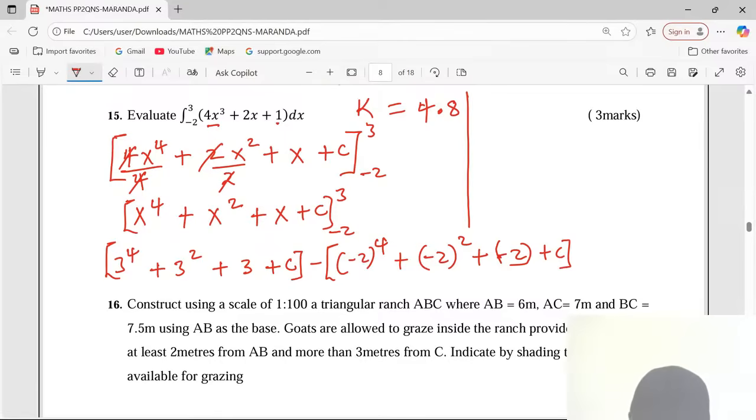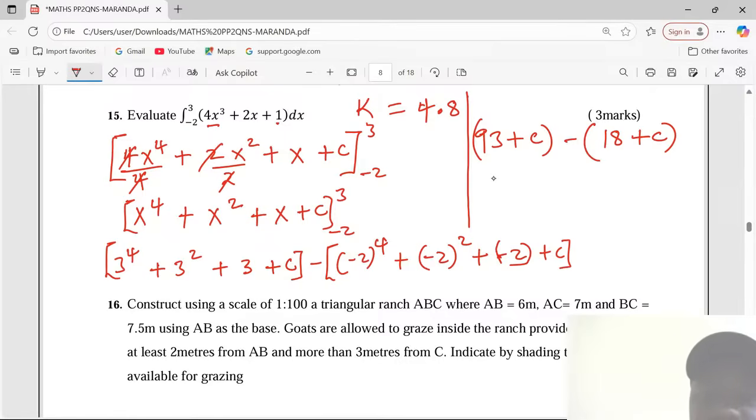Okay, 3 power 4 plus 3 squared, which is 9, plus 3. I'm getting 93 plus c. Then minus, when we substitute -2, power 4 plus -2 squared, which is also 4, plus -2, I'm getting 18 plus c.